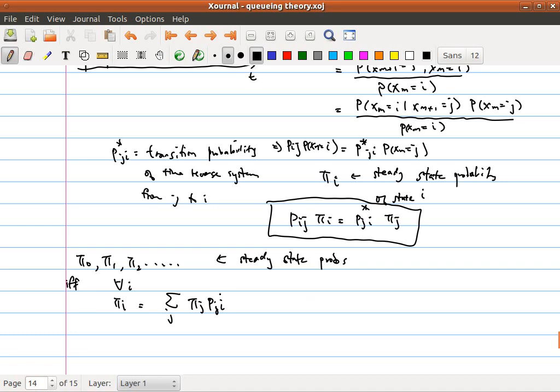So it makes lots of sense. Think of pi j as just the probability of state j at the moment.